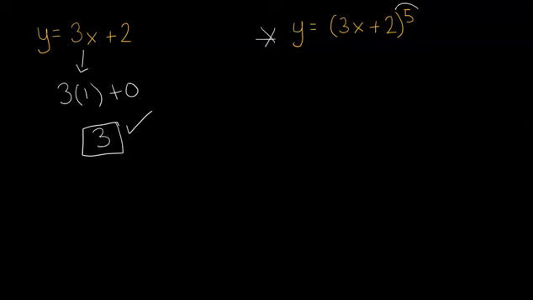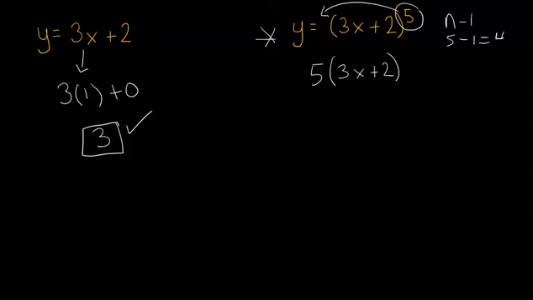I'm going to take the 5, move it all the way to the front. So I have 5, keeping the inside the same, 3x plus 2. And then the 5 minus 1 equals 4. I'm going to make it a 4 right there. This is what we're going to change next, because we already changed the outside.